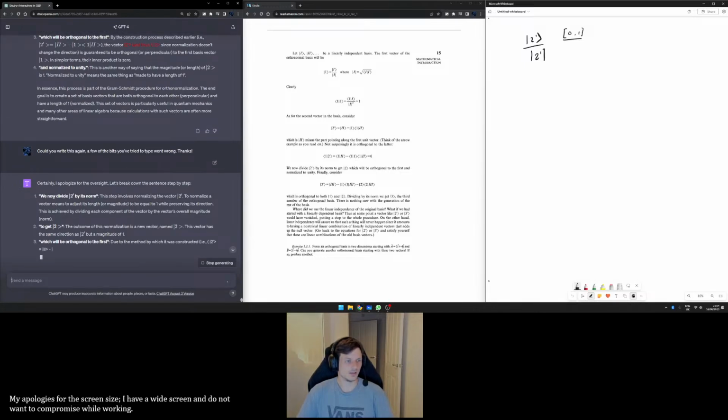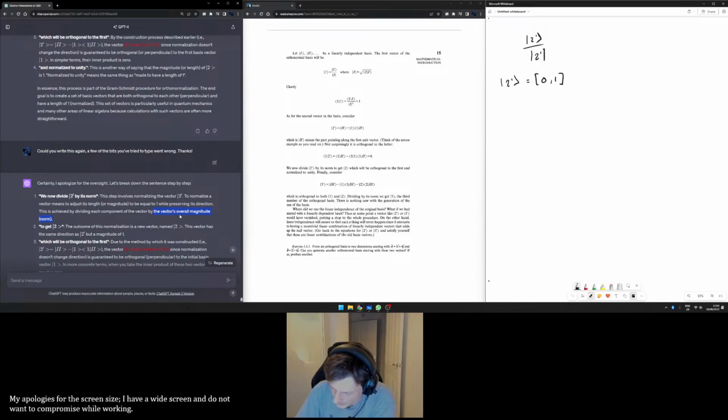Okay. We now divide 2 by its norm. This step involves normalizing the vector. To normalize a vector means to adjust its length or magnitude to be equal to 1, while preserving its direction. This is achieved by dividing each component of the vector by the vector's overall magnitude. So let's say 2 prime is equal to 0, 1.